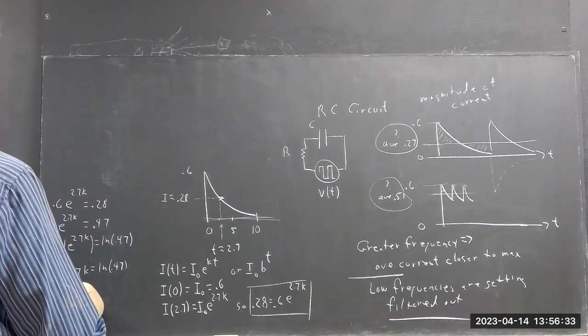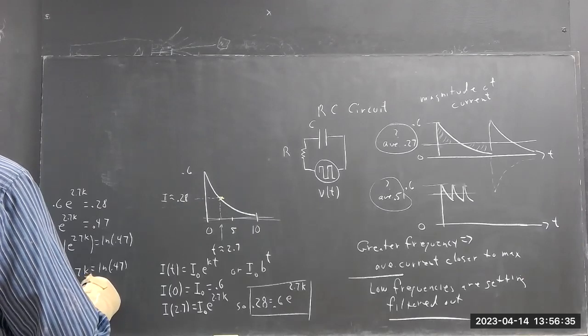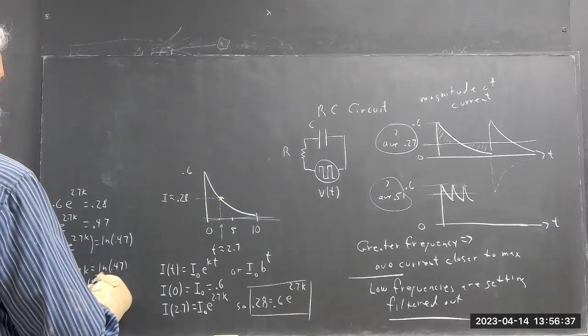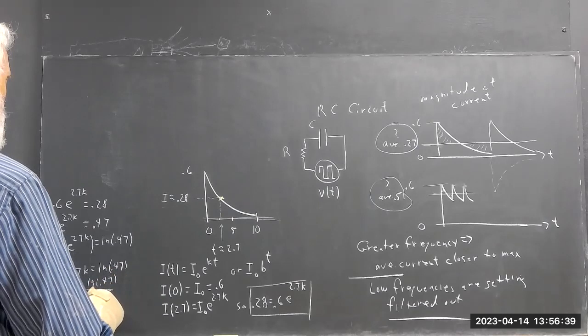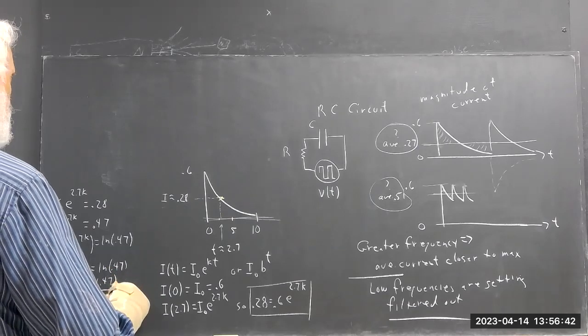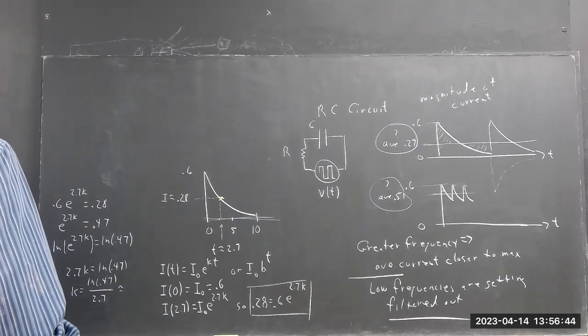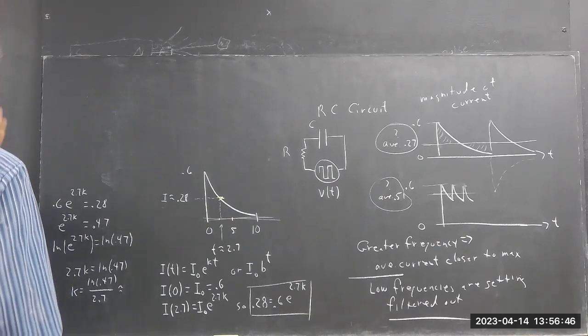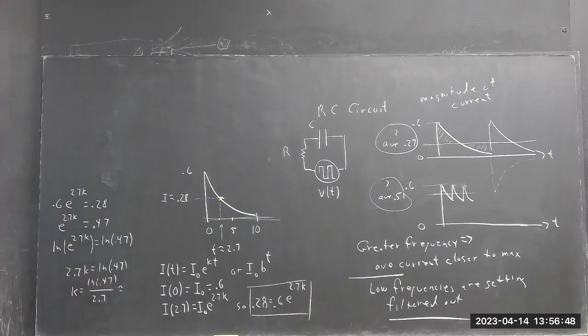So k equals the natural log of 0.47 over 2.7. And that's approximately, the natural log of 0.47 is probably in the order of negative 0.66 or so. Okay.